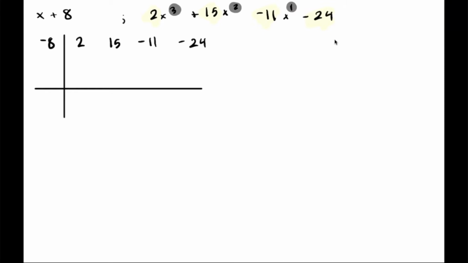So you will take down the 2 multiplied by negative 8, you will get negative 16. Then you add these, and you will get negative 1. Negative 1 times negative 8 is 8. Negative 11 plus 8 is negative 3. Negative 3 times negative 8 is 24. You add these, you will get 0.